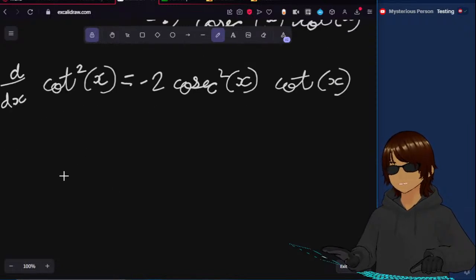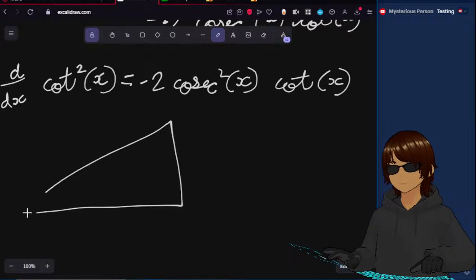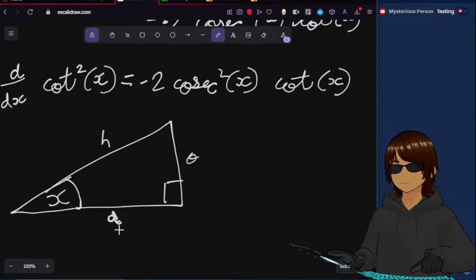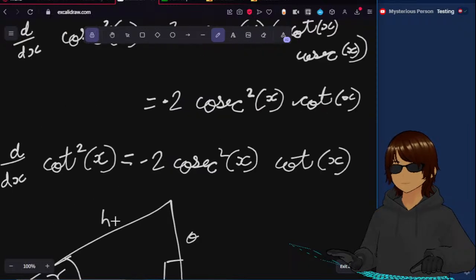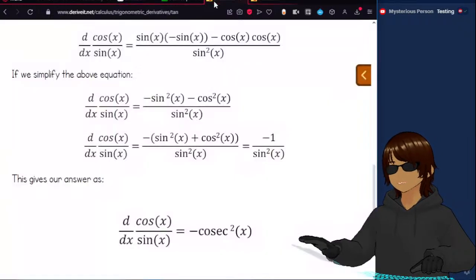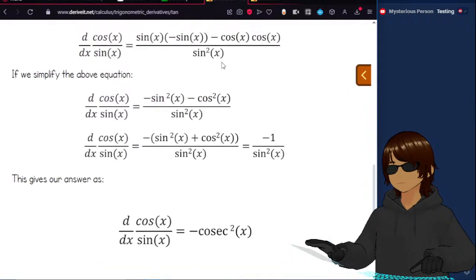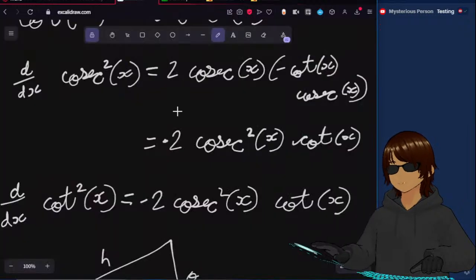Now, if I have a triangle and I have x, 90, opposite, adjacent. What would cosecant be? This is cotangent.